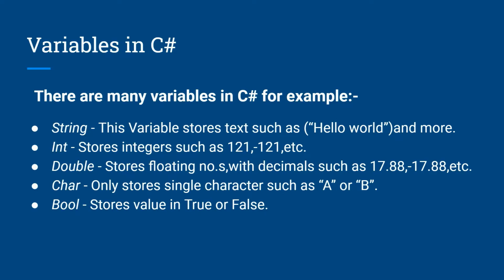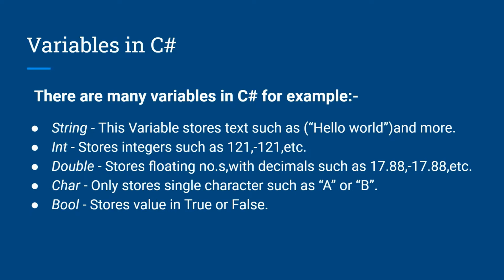Boolean stores a value of either true or false. You type it like bool, but the full name is Boolean. Now I'll move on to Visual Studio to show you these variables I have covered: string, int, double, char and bool.